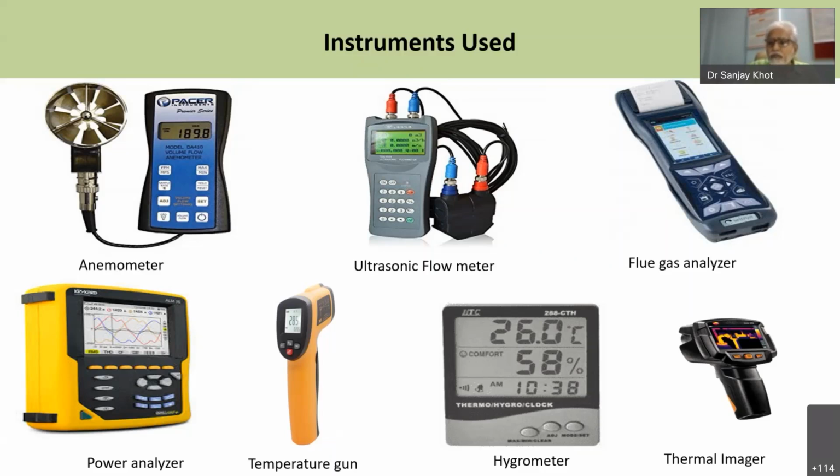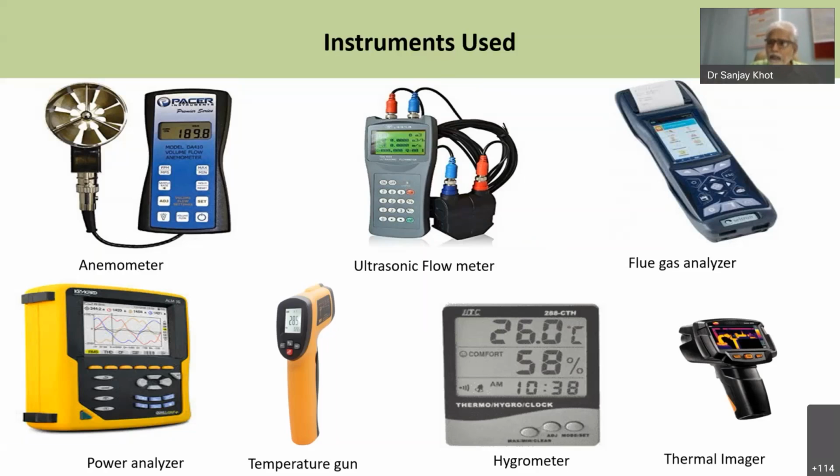Now another one is the thermal imager. This thermal imager is used to measure the temperature profile of a surface. Whenever you stand in front of any electric motor, any board, or any hot surface, it is sometimes very difficult to notice how much heat is transferred by radiation, because whenever the temperature of any product or surface is higher than the atmospheric temperature, heat is automatically transferred by radiation.